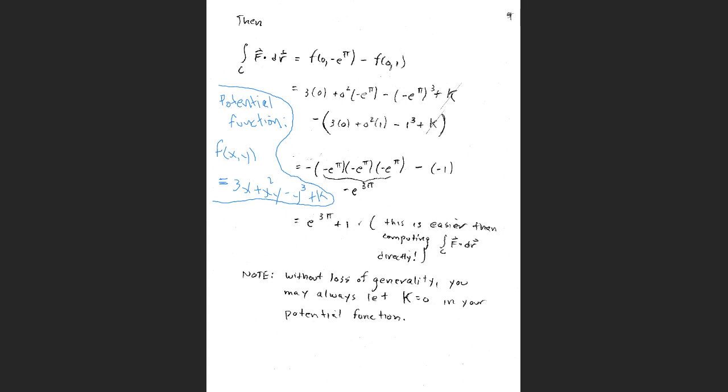So here's 3x plus x squared y minus y cubed plus k, and that's when x is 0 and y is negative e to the pi power. And then here we go again.